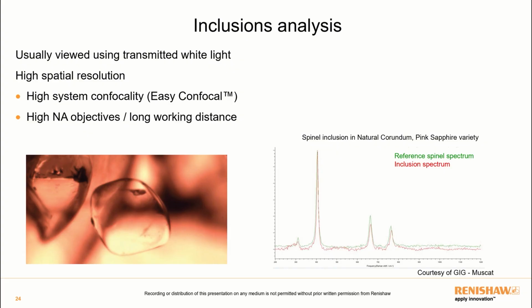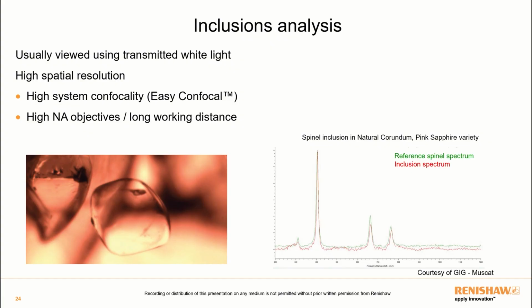Moreover, the Raman system must be confocal, and the Renishaw Raman systems have a unique feature called easy confocal to study small volumes. In this case, for this spinel inclusion in natural corundum, pink sapphire variety, we have used a ×50 objective with a working distance of 8.2 millimeters.